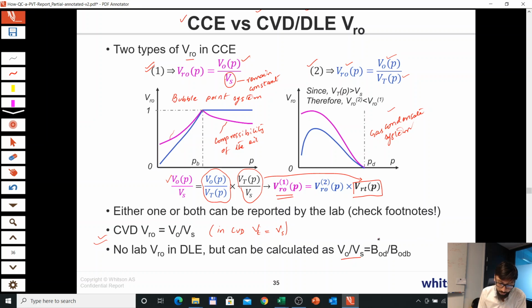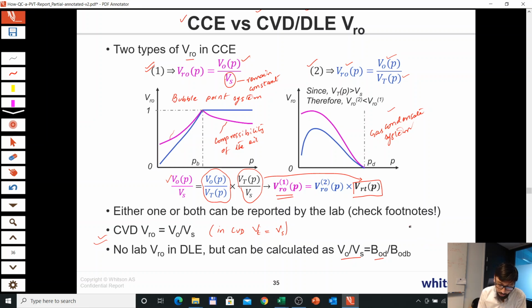in the DLE experiment, we know there is a property called Bod, which is the oil formation volume factor. So if you want to calculate Vo over Vs, that will be just the ratio of the oil volume from the DLE test divided by the oil volume from the DLE test at the bubble point, which would be our saturation pressure, right?